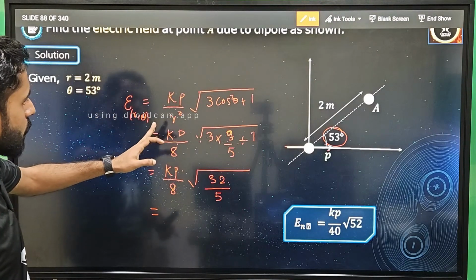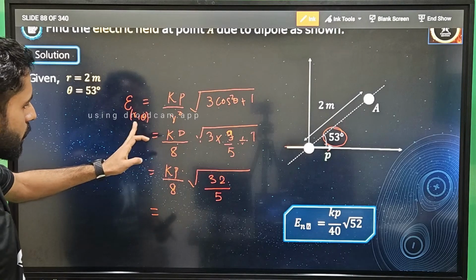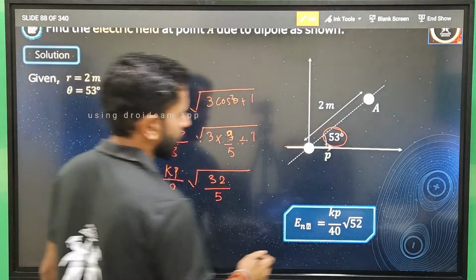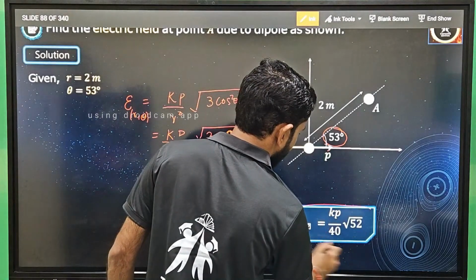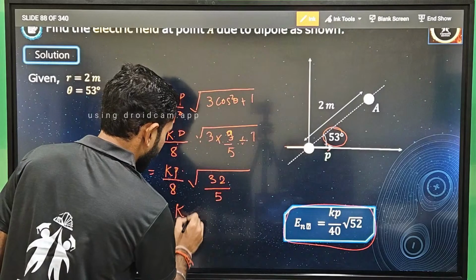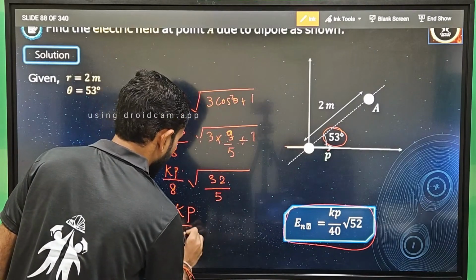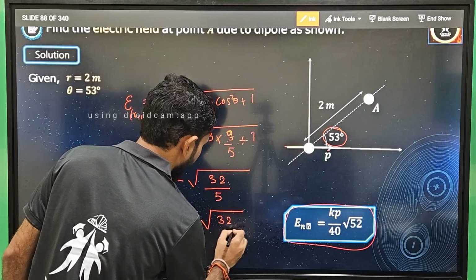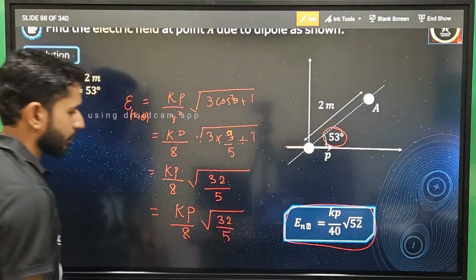I think that this answer is written wrong by mistake. Finally, the answer that we will be quoting is Kp divided by 8 root under 32 divided by 5.